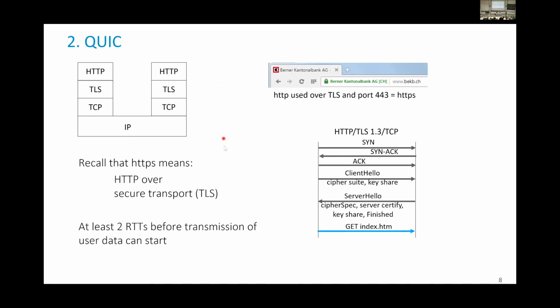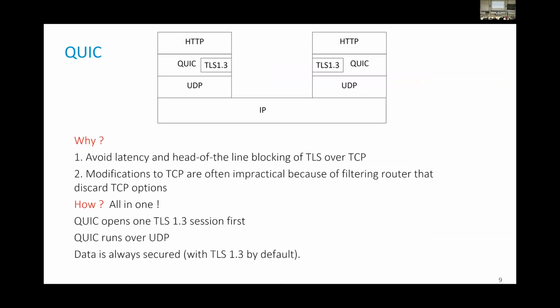It is to integrate security, right? Remember that when we navigate the web, in principle, we use HTTPS, except if we're very bold and we have an extremely secure machine that cannot be attacked. We use HTTP over TLS, and TLS is over TCP. So we first open sockets, the sockets are wrapped, we open the TLS thing, and then we can do the HTTP, which will give at least 2 RTT, very often much more, before being able to send any piece of information.